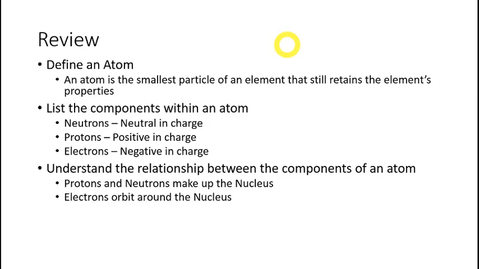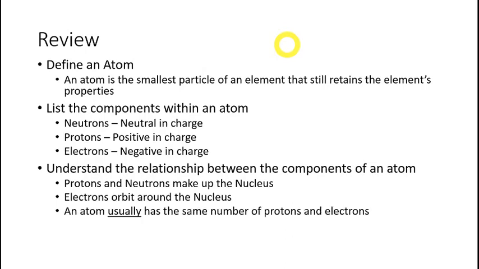Electrons orbit around the nucleus. Okay, so they are definitely mobile. Protons and neutrons, that nucleus actually does rotate around a little bit, but it is fairly stable in there compared to an electron, which is very active. And an atom usually, and I underline usually, has the same number of protons and electrons.